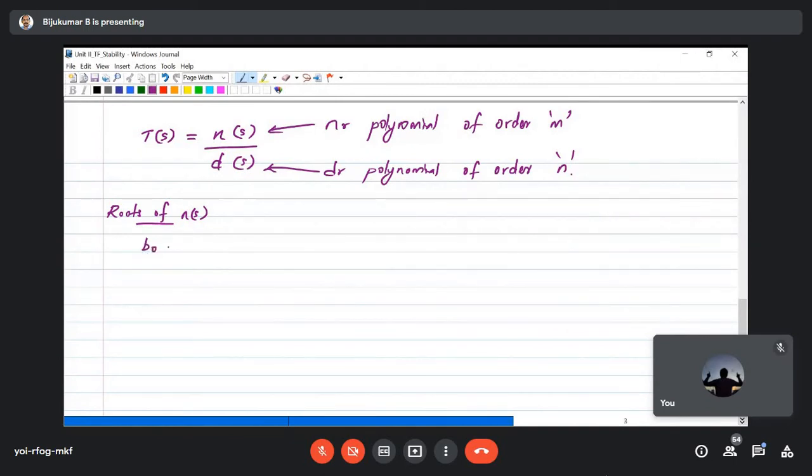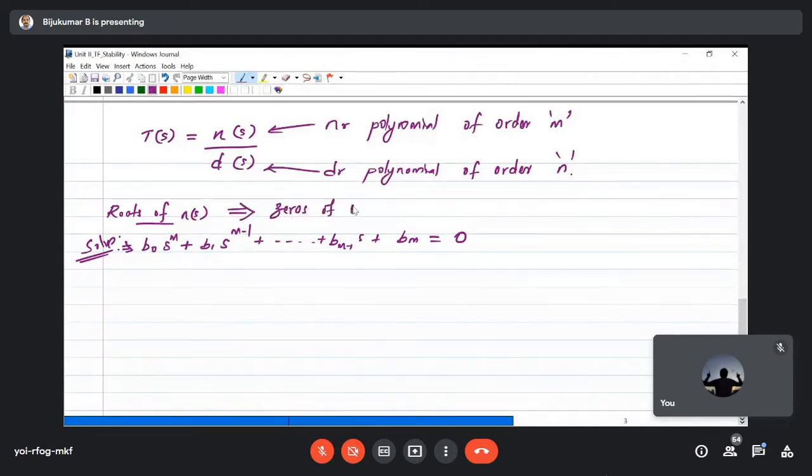I know the polynomial is b naught s power m plus b1 s power m minus 1 plus etcetera, up to b m minus 1 s plus b m, which can be equated to 0 and solved. So you will get the roots, and those roots can be called the zeros of the transfer function.